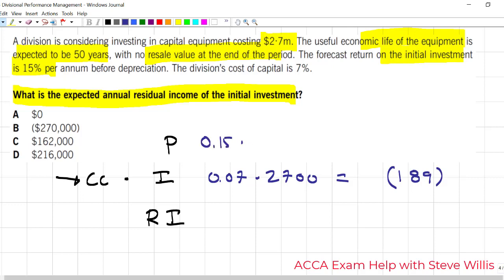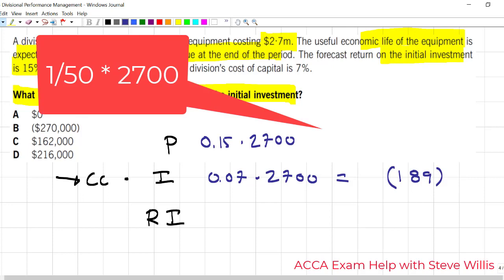0.15 multiplied by 2700 minus the depreciation, which is 1/50th of that, right? So let's get the depreciation charge quickly. 1/50 times 2700, $54 per year.